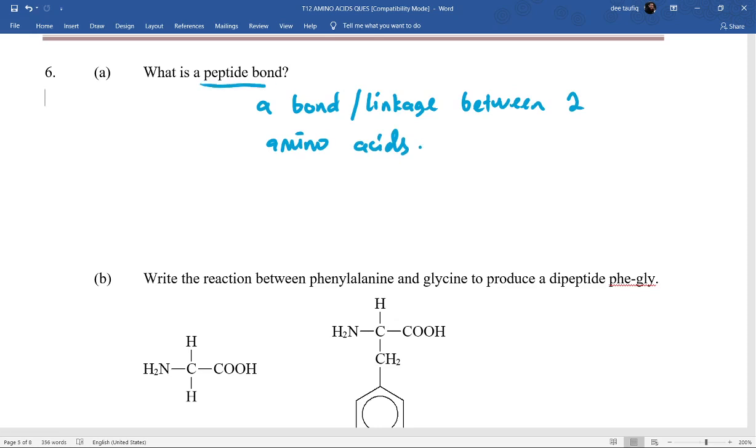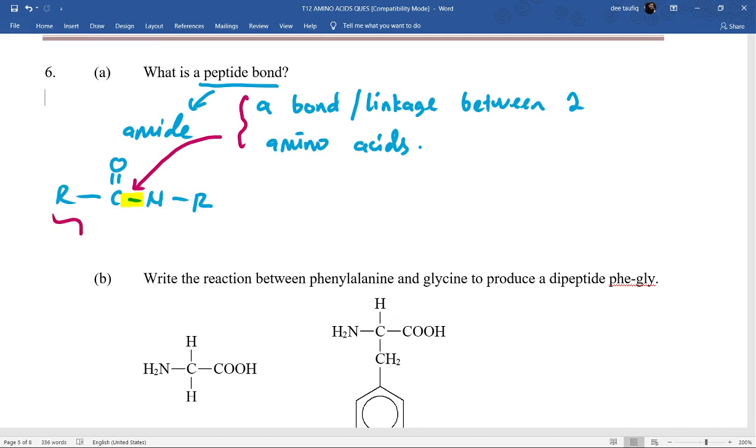Since it is called a peptide, a peptide must come from an amide. Right, so what we want to find is C double bond O, C double bond N, R, here R. Right. So the bond we refer to is this bond. So this bond is known as a peptide bond or a linkage between two amino acids.